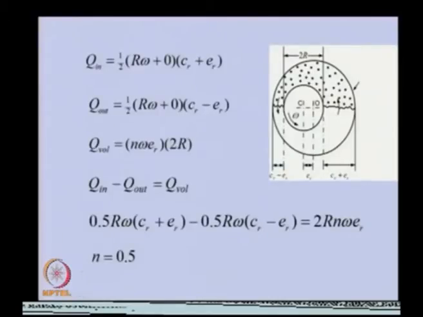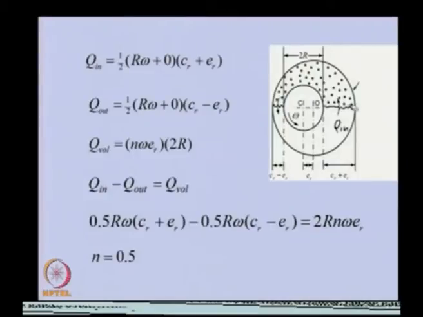So let us consider the volume of the fluid which is going inside the upper half of this bearing. This is Qn. We can obtain Qn as the average velocity, because r omega is the velocity of the fluid here, so the average is half of this, multiplied by, let us say, the depth of the bearing being 1, and this distance.